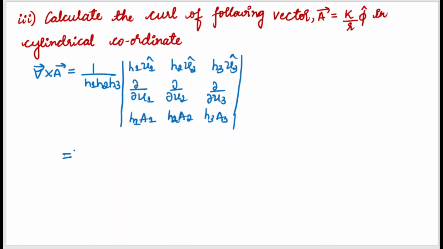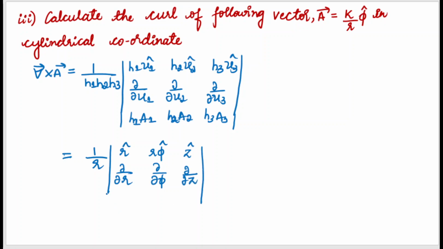So in cylindrical coordinates we have h values 1, r and 1. So 1 divided by h1, h2, h3 will be 1 divided by r. Instead of h1 it is 1, instead of u1 it is r cap. h2 is r into phi cap. Here h3 is again 1 into z cap. Okay. Dou divided by dou r, dou divided by dou phi, and here it will be dou divided by dou z.